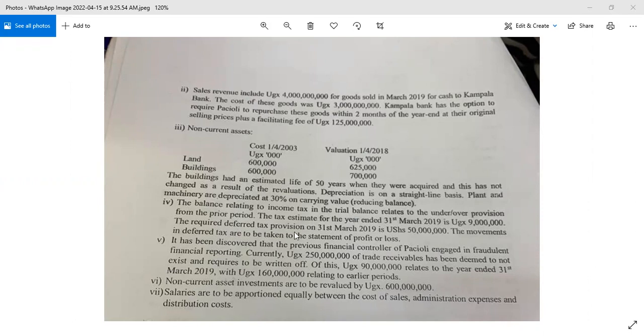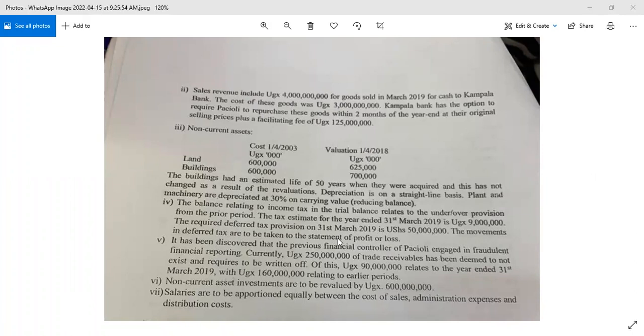Then deferred tax. At this level, I think they mainly said looking for the increase or the decrease in provision for deferred tax. And that one is simple. If it is an increase, meaning your provision is supposed to increase, you credit your provision and debit the expense, which you call increase in provision for deferred tax.